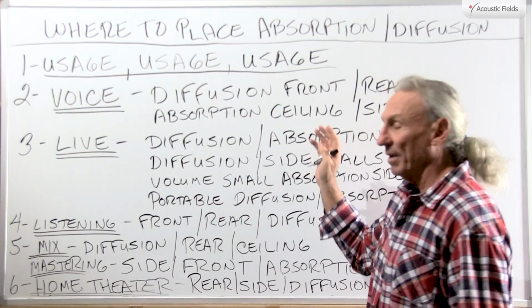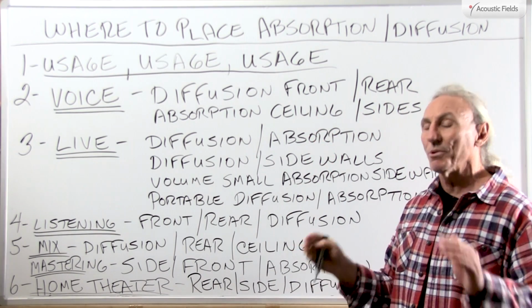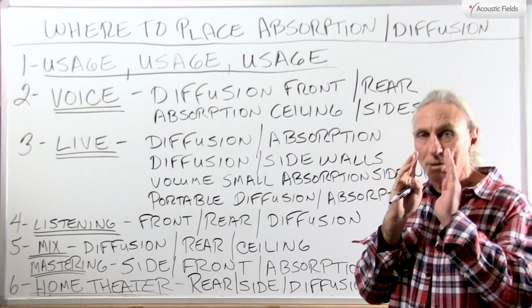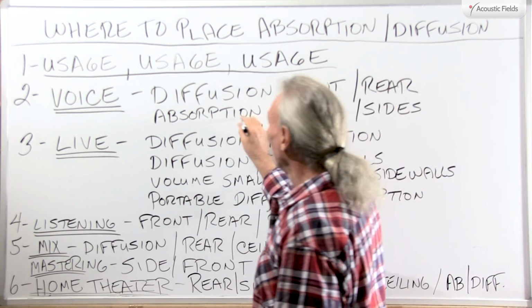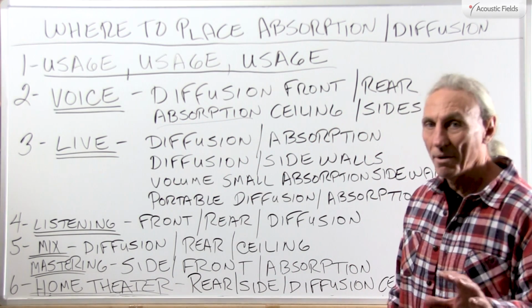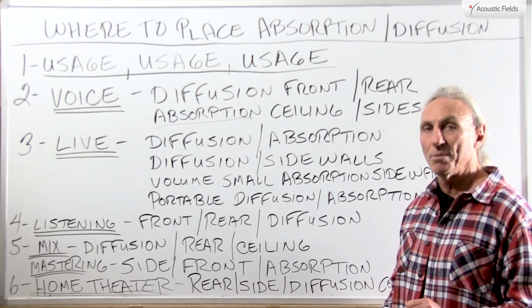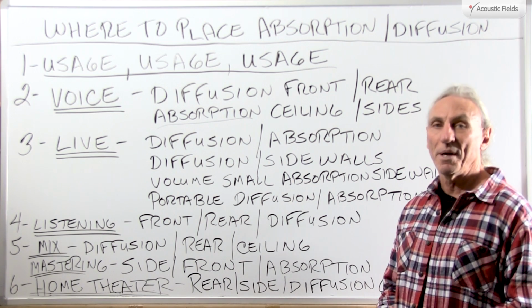Voice. Most voice rooms that we're hearing today, most vocals have that boxy effect that we hear from close proximity to wall surfaces. So absorption is the key treatment that they use in those. However, we've introduced a new process using diffusion in vocal rooms, and you're going to start seeing some of that up here in the slider on our homepage in January.